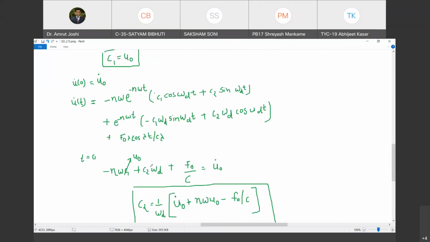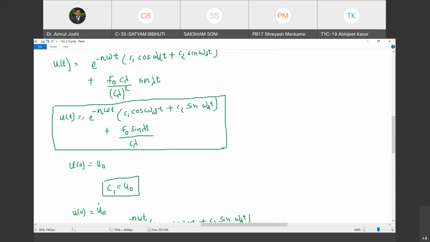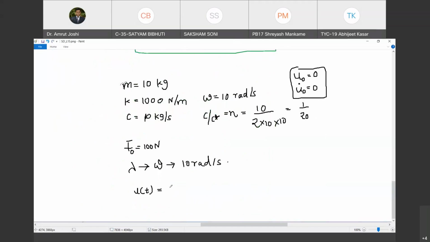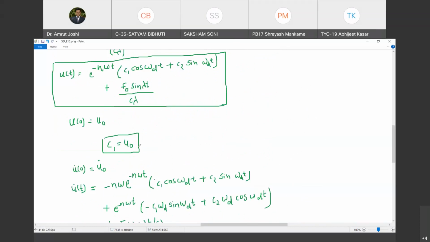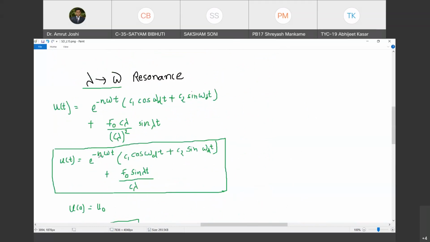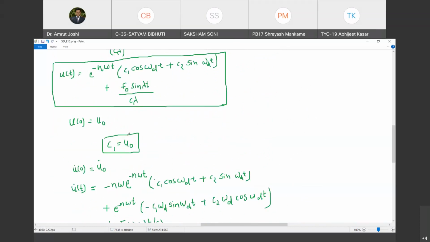So velocity and displacement at the commencement of the motion is 0. So we say that the system starts from rest. What is the response? So let me put it this way. U of t is equal to e raised to minus eta omega t. I will write down e raised to minus 1 by 20, because eta is 1 by 20, then omega is 10, into t. So minus e raised to minus eta omega t into bracket C1.